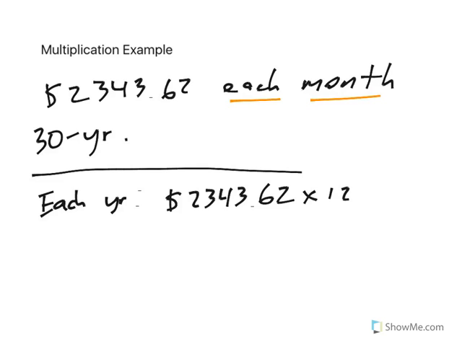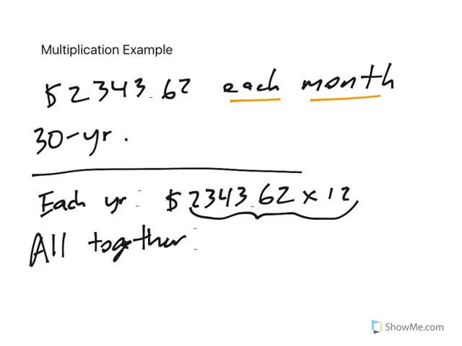And then altogether, you're going to take that amount, and it's for 30 years, that's each year, so you're going to multiply that times another 30. Because of the associative property of multiplication, you definitely could do this first.